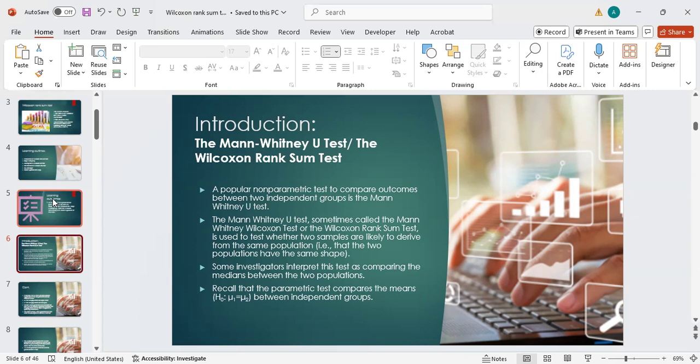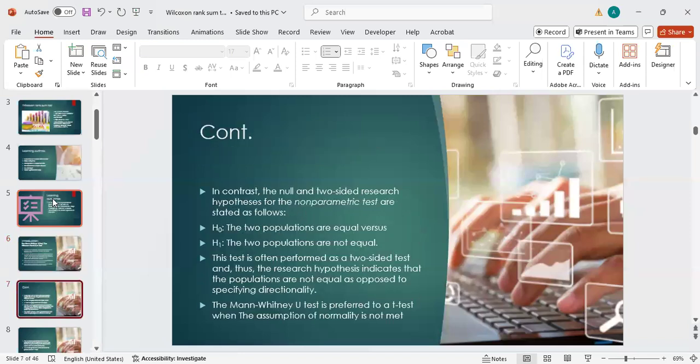Recall that parametric tests compare the mean, H naught: mu1 equals mu2, between the independent groups. In contrast, the null and the two-sided research hypothesis for the non-parametric test are stated as follows.